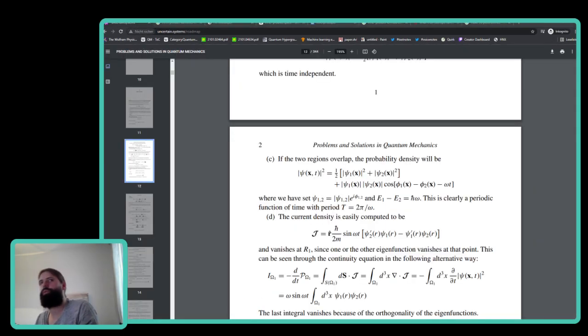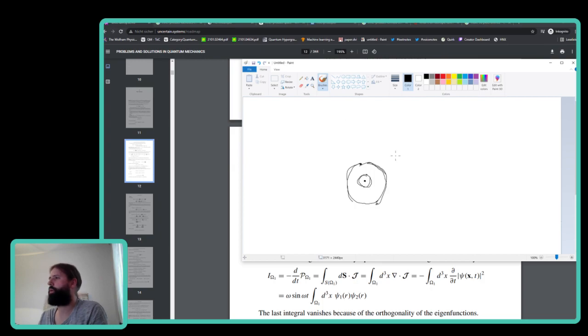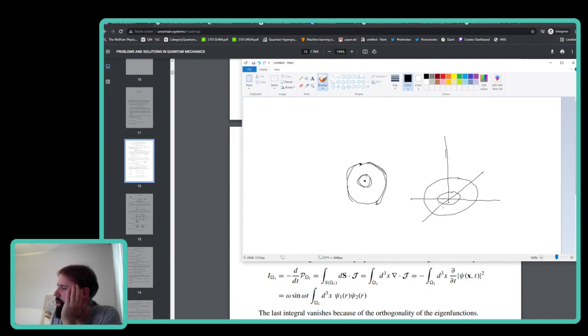The current is how the probability density is changing, right? And so here, let's say this is the one circle, this is the other circle, and here you're going to have some values of this density function.